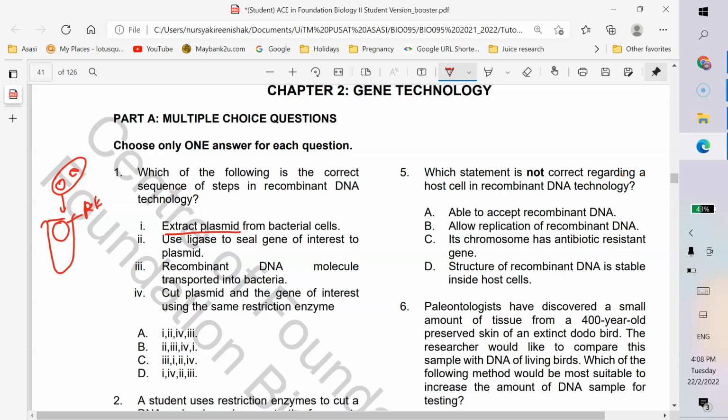Okay. Okay, so that is how you produce a recombinant plasmid.